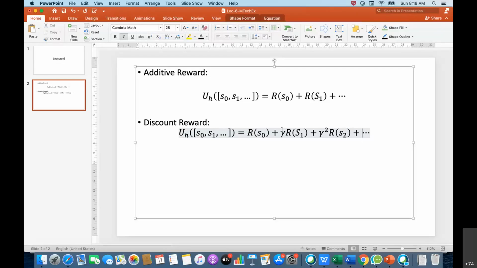Here we are adding a factor gamma, and that weightage is being assigned.